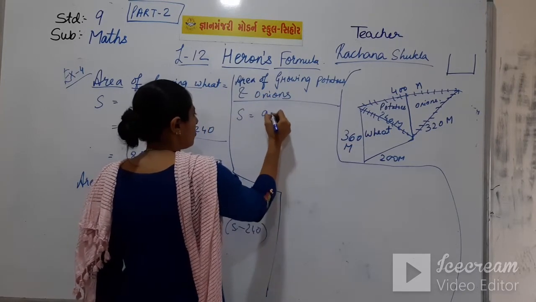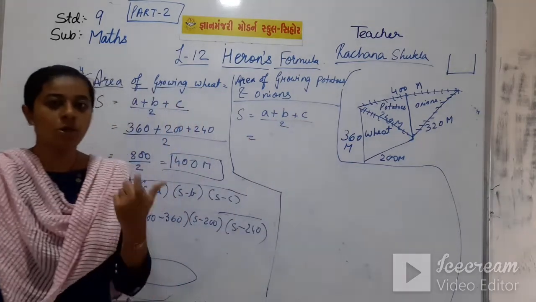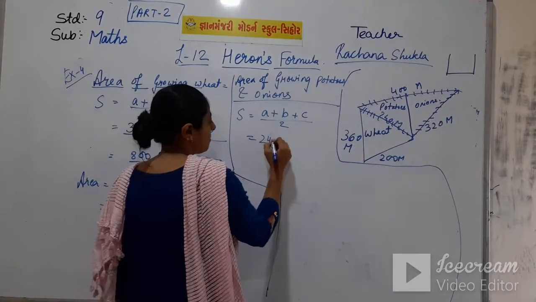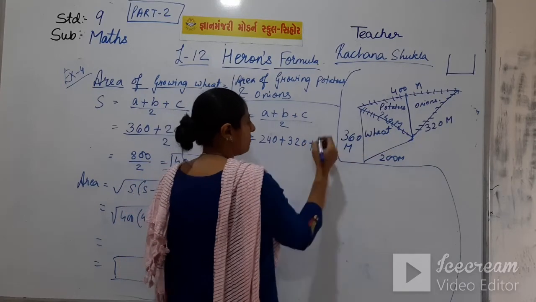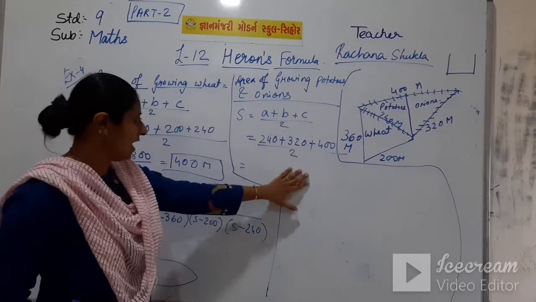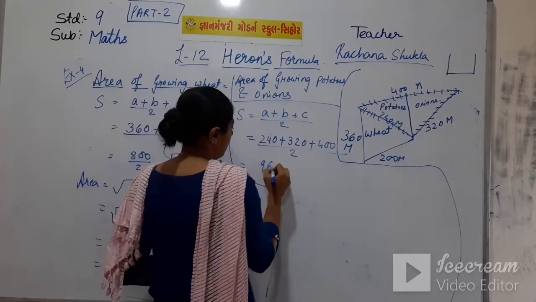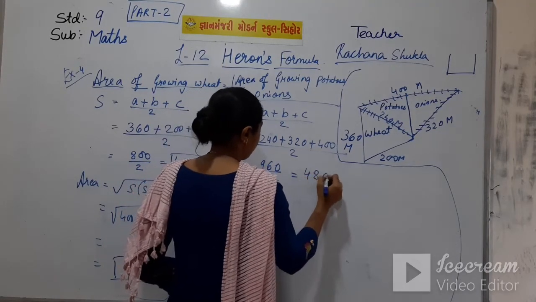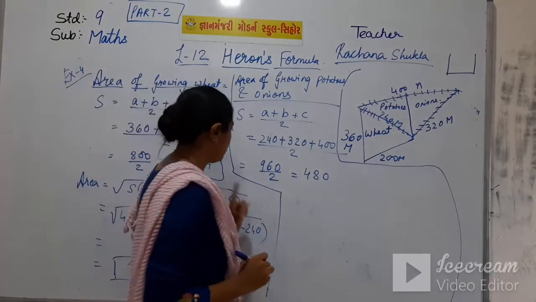So S equals A plus B plus C upon 2. Again, now what will be your A, B and C? Your A will be 240, your B will be 320 and your C will be 400, divided by 2. Now add it. 960 by 2, that means you get 480.